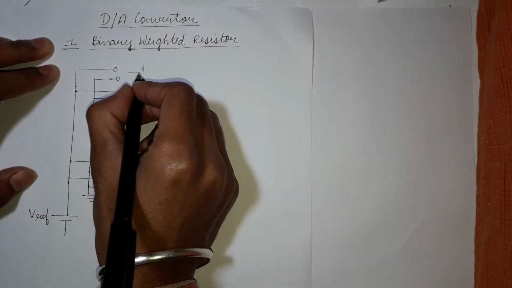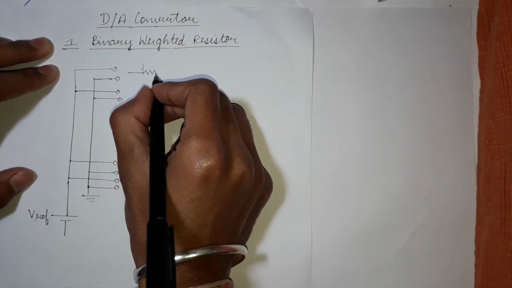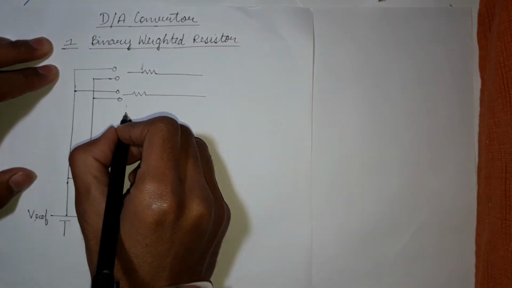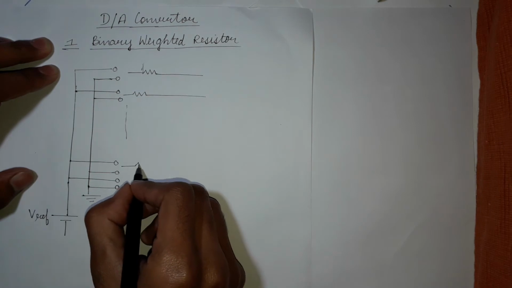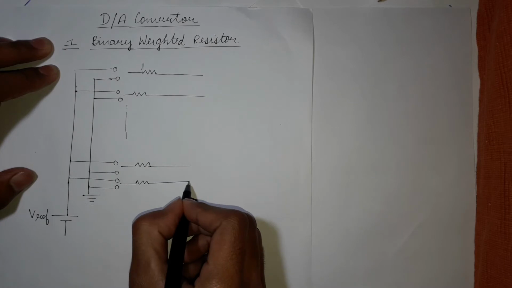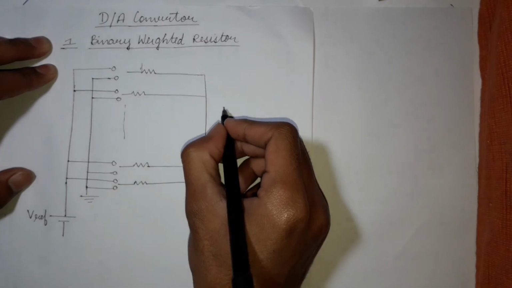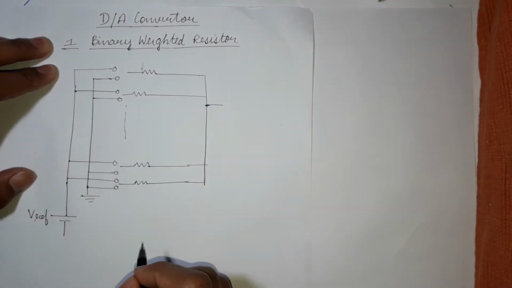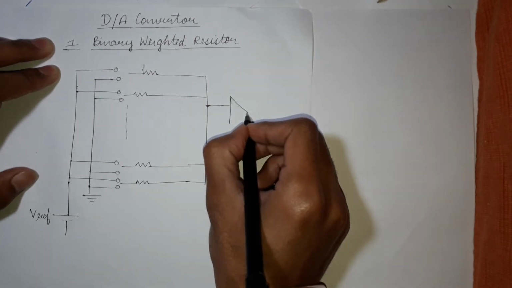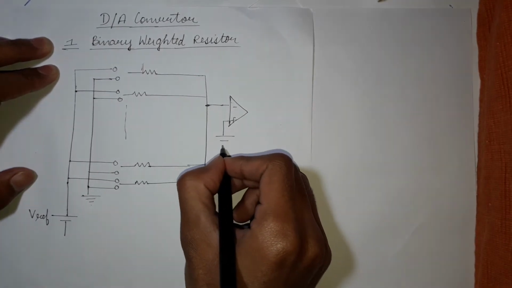Now here a line in between these two lines and so on, and finally joining them, the final output goes to an op-amp whose positive terminal is connected to ground.